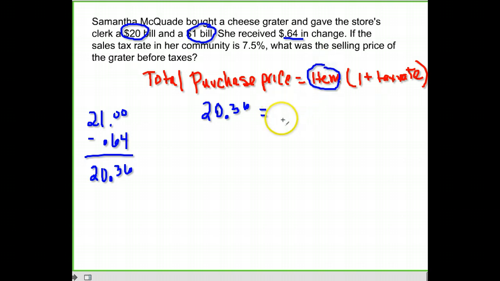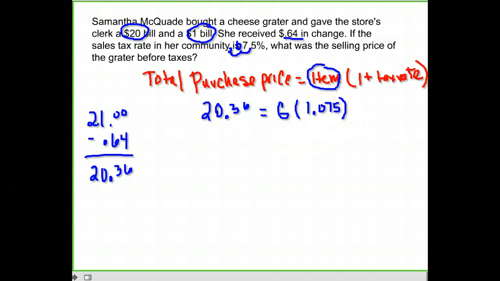All right, so I'm just going to put G for my grater. But we can put this part in here for the tax rate. What would 1 plus the tax rate be right there? Our tax was 7.5%. Move the decimal over, we get 0.075. So we get, 1 plus 0.075 is 1.075.